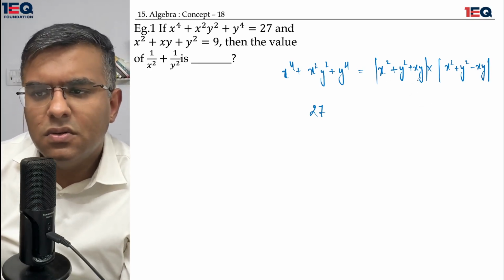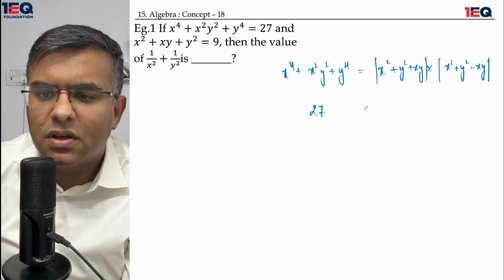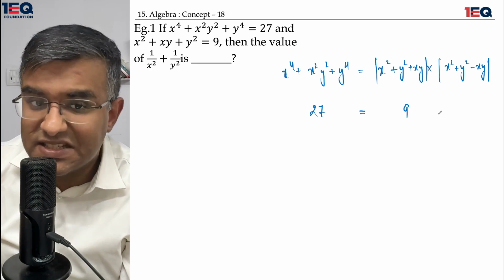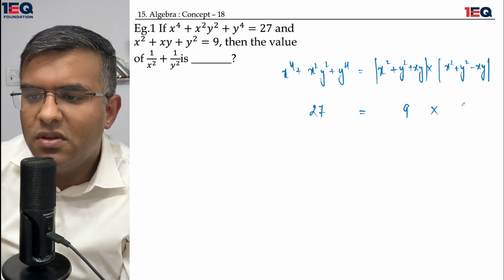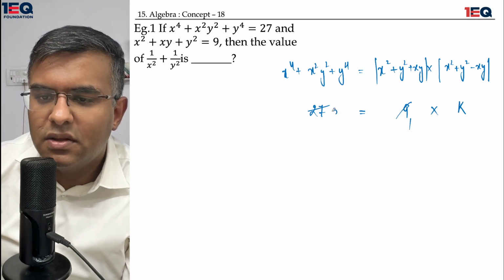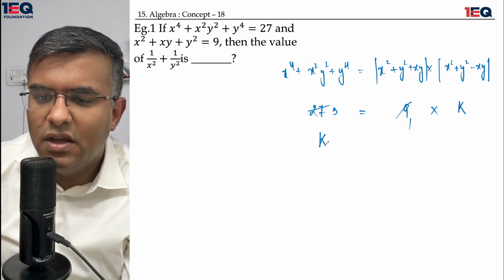So this is the situation which I have over here. I have 27 with me, and I have one of the values, which is 9. Now I need to find out the value of k, which is missing. So I have the value of k, which is equal to 3.